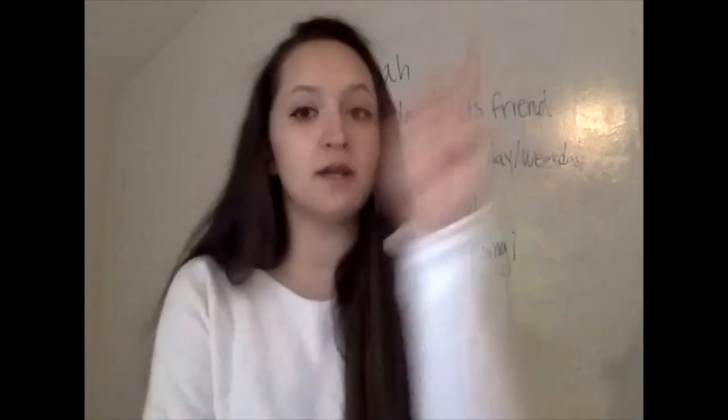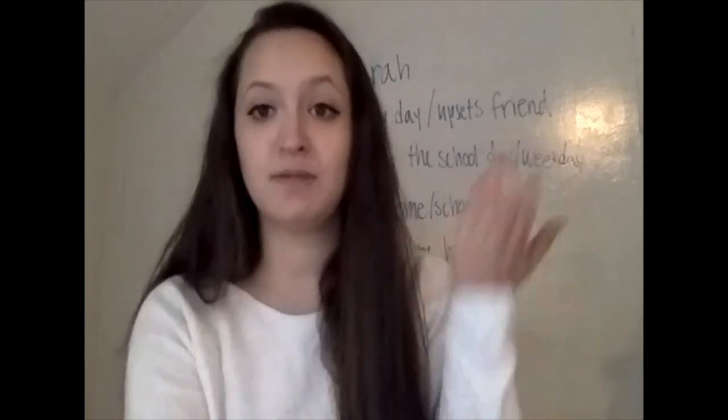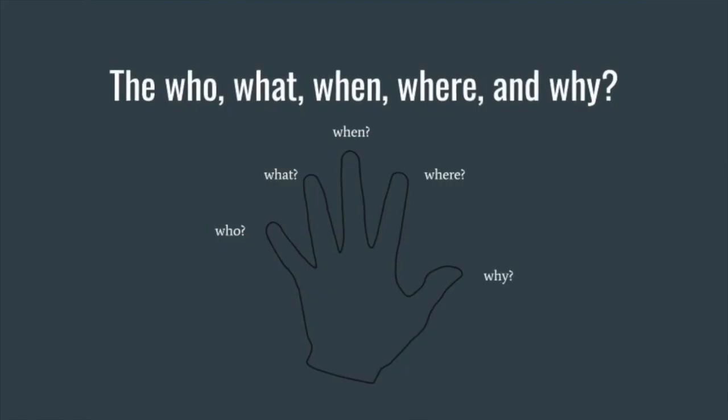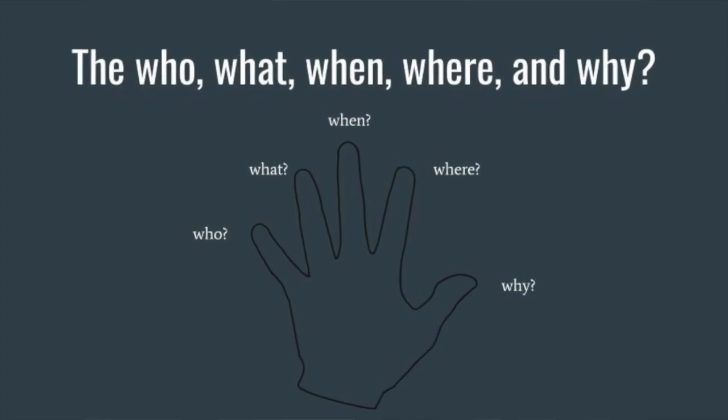We talked about circling the main idea and then doing little things off of it for our supporting details. We talked about how a main idea can sometimes be stated in a text, but sometimes we have to infer it, and sometimes we can do a little bit of both. And finally, today we talked about our who, what, when, where, and our why, so we can hold the main idea in our hands. And these are our supporting details, right?